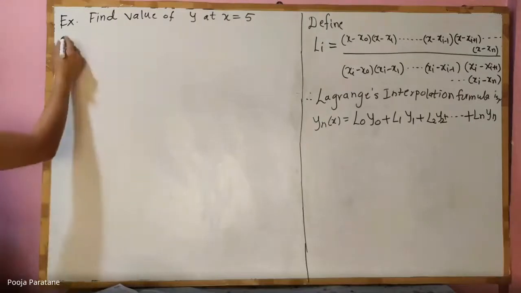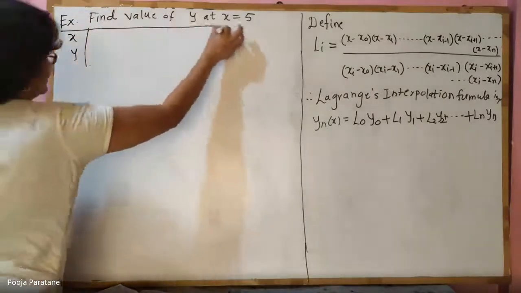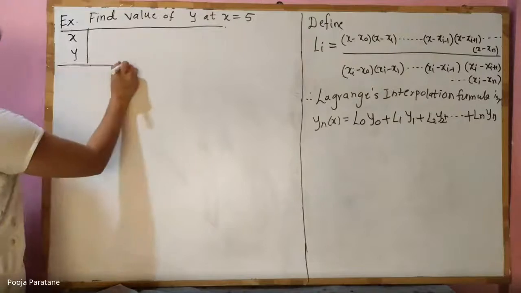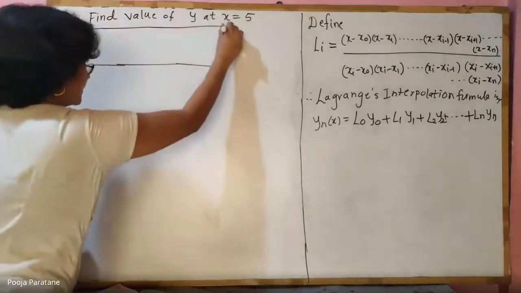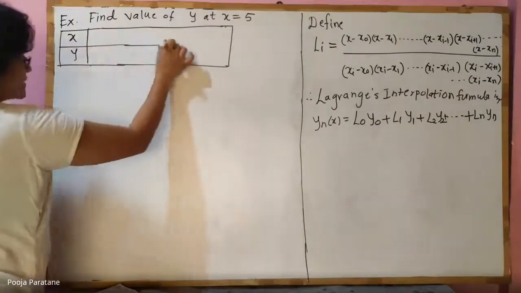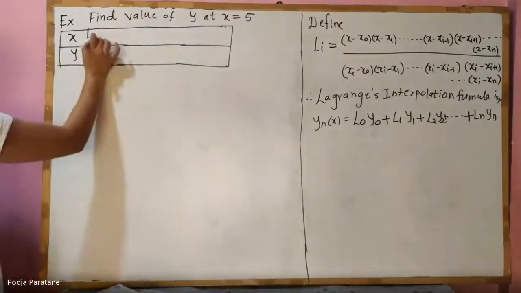The data is here, x, y. Here one thing is that we don't need to construct any difference table. Directly from the given data we will pick up the values of x0 and y0. So we need only this table where the values are given.